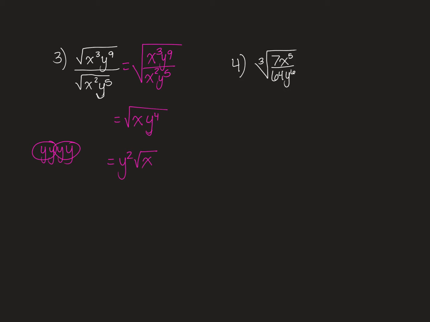Number 4, we have the cube root of 7x to the 5th divided by 64y to the 6th. So you can see if you can simplify 7 divided by 64. Well, 7 does not go into 64, so you can actually use your quotient rule backwards. We can break this apart and simplify the radicals by themselves.